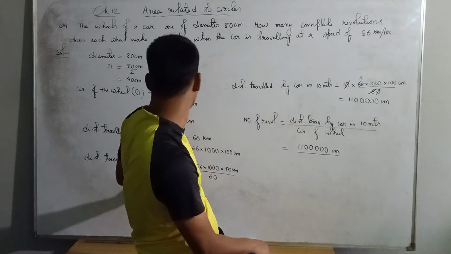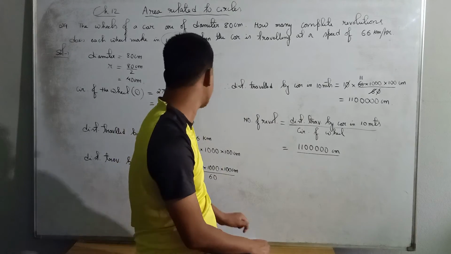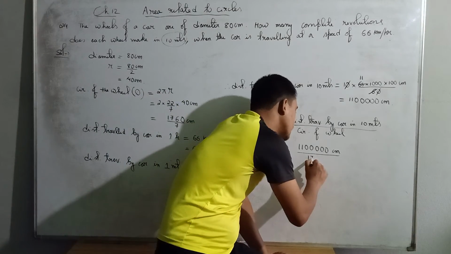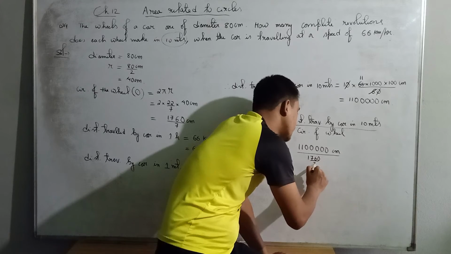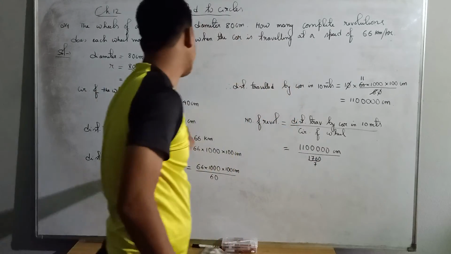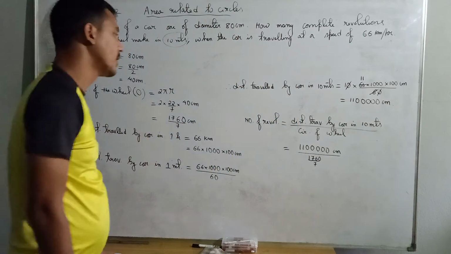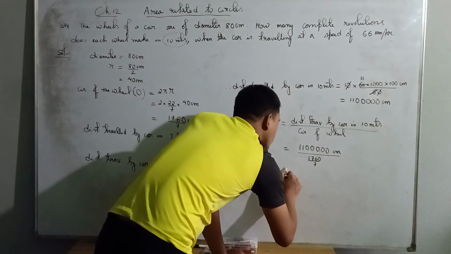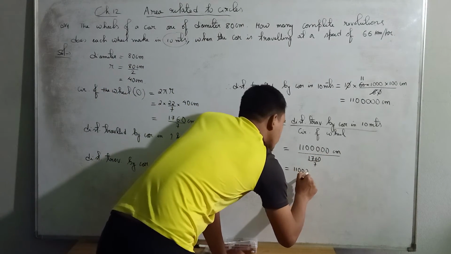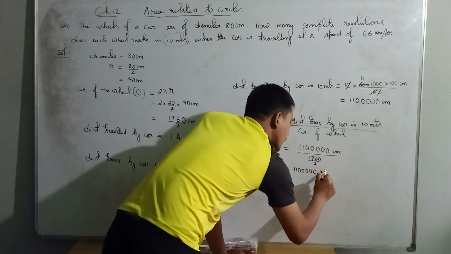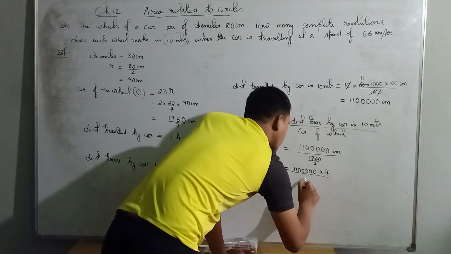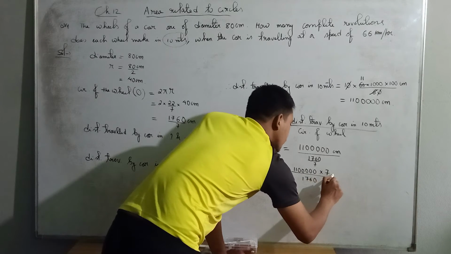The circumference of the wheel is 1760 upon 7. So we can rearrange this: 11 and 5 zeros into 7 goes up, with 1760 in the denominator.